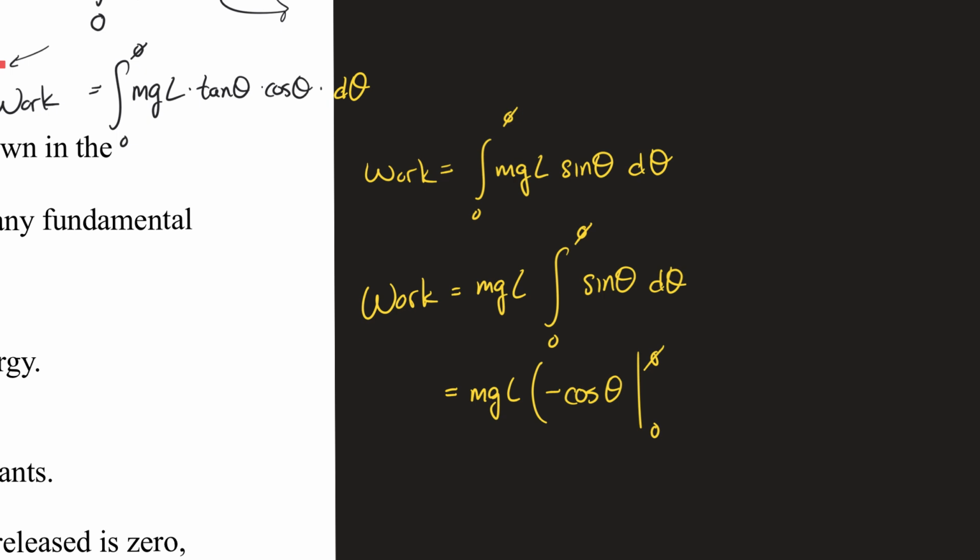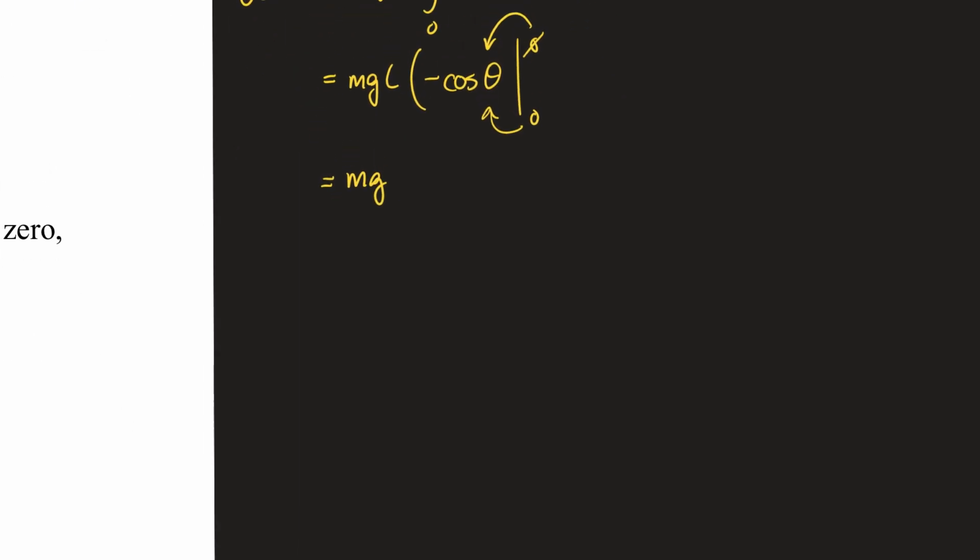The second part of doing an integral is to put in your limits. So I have to put in the top limit and then subtract while putting in the bottom limit. So mg, and that's way down at the bottom, so let's bring it up here. mgl times negative cosine phi minus negative cosine 0.